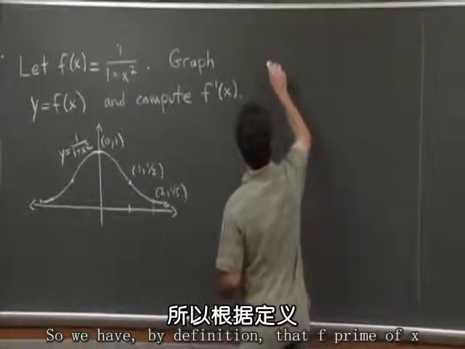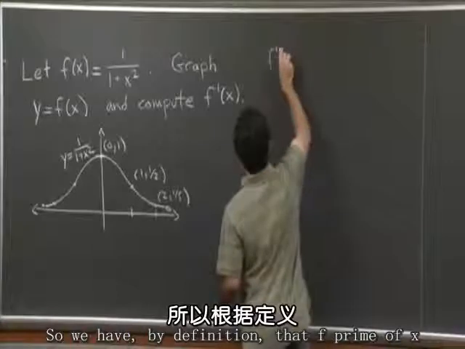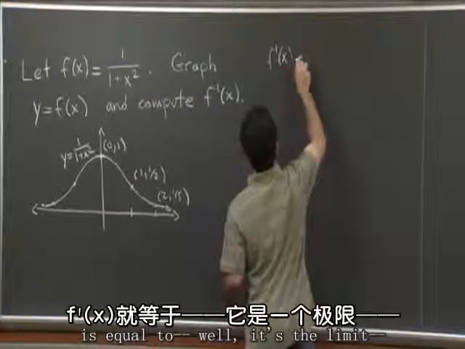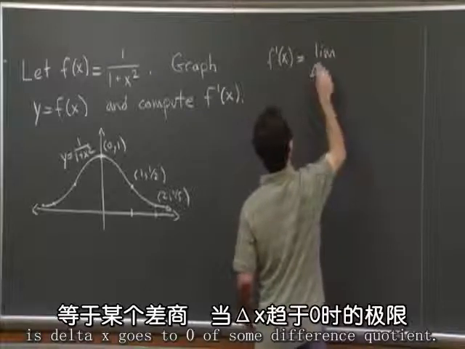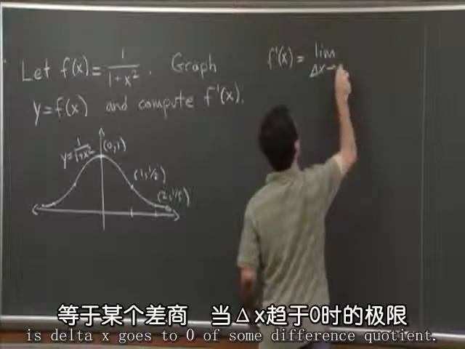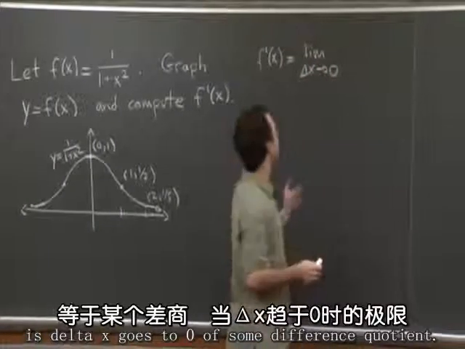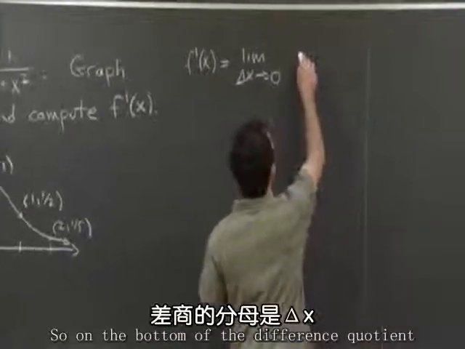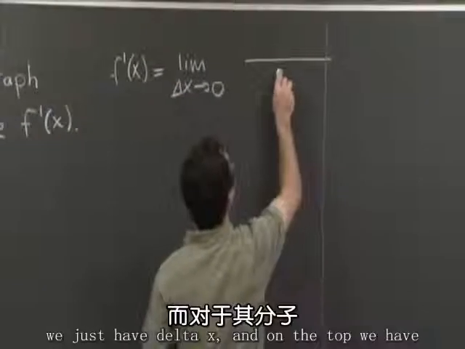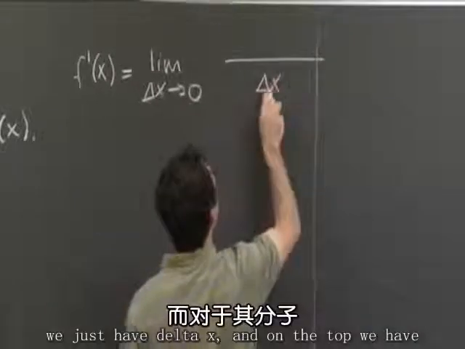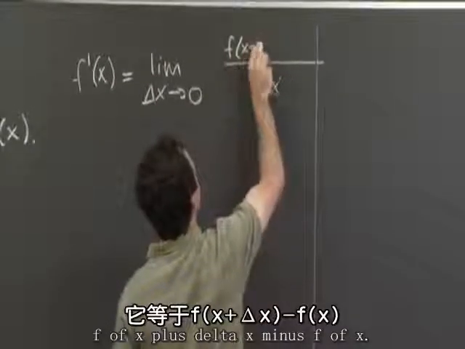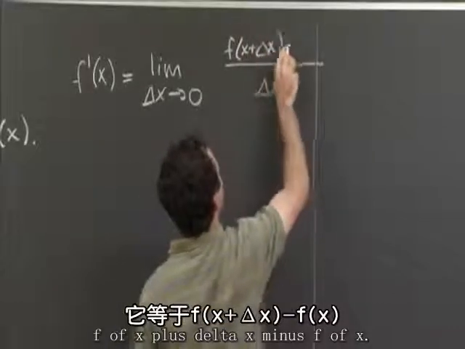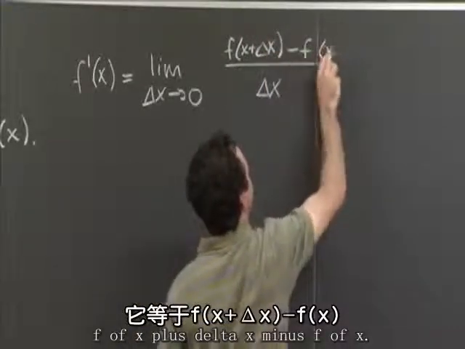So we have, by definition, that f prime of x is equal to the limit as delta x goes to 0 of some difference quotient. On the bottom of the difference quotient, we just have delta x. And on the top, we have f of x plus delta x minus f of x.